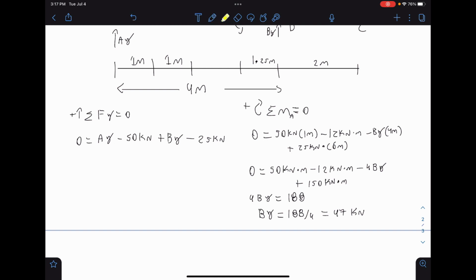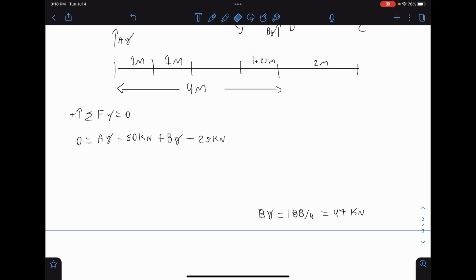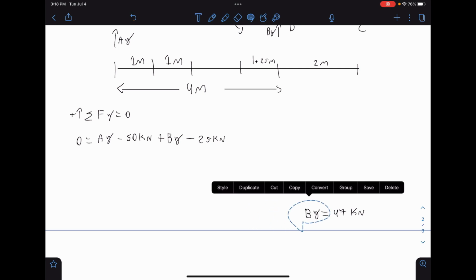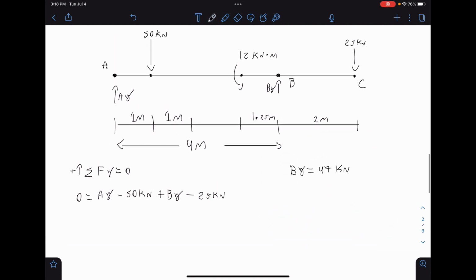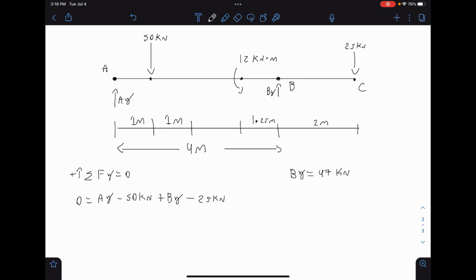So let's get rid of our moment here. And so we found that By is equal to 47 kilonewtons. We used the moment about A to do that, right?